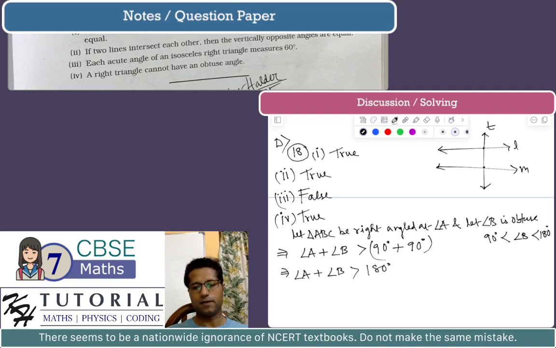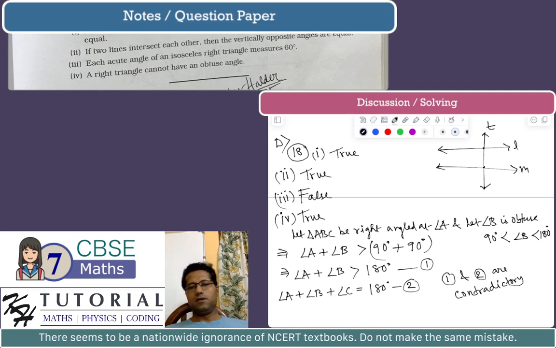Let this be equation 1. But we know that angle A plus angle B plus angle C is equal to 180 degree, equation 2. So 1 and 2 contradict each other, meaning if A plus B is greater than 180 degree, then it cannot be that A plus B plus C is equal to 180 degree.